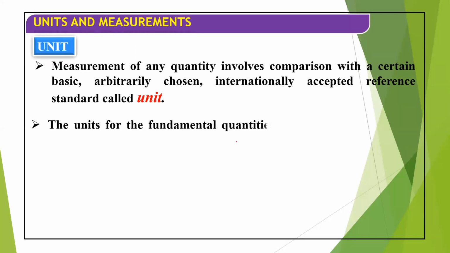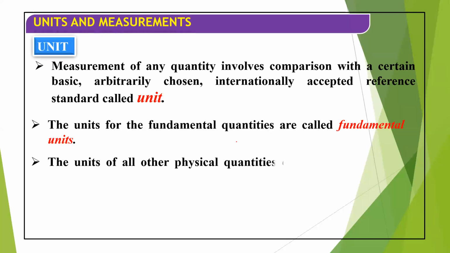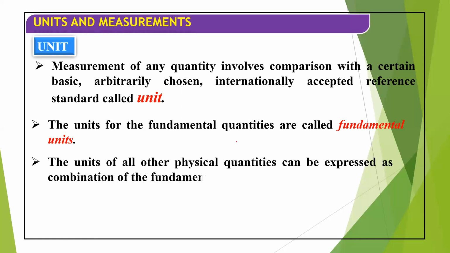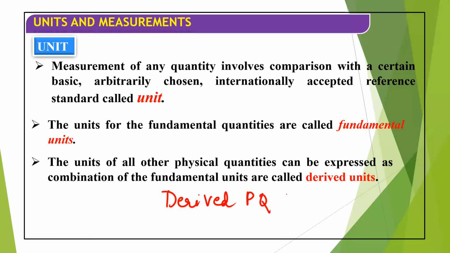The units for fundamental quantities are called fundamental units, and the units of all the other physical quantities can be expressed as a combination of fundamental units are called derived units. So in simple words, derived physical quantities units are called as derived units, and fundamental quantities units are called as fundamental units. I hope the concept is clear.